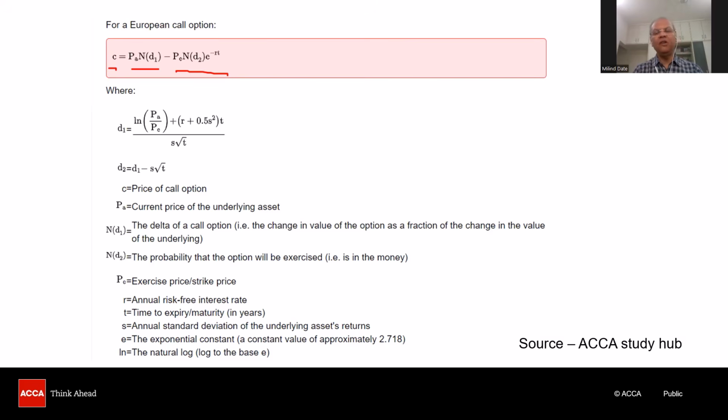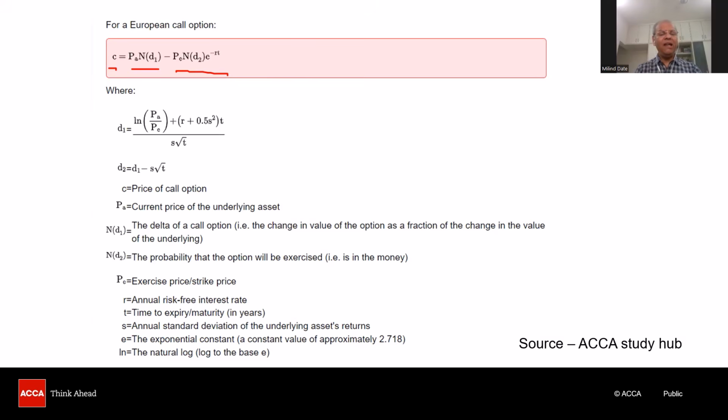The P subscript A is spot price, and P subscript E is exercise. That's how the nomenclature is. But then both are multiplied by certain parameters. One is N(d1) and the other is N(d2).